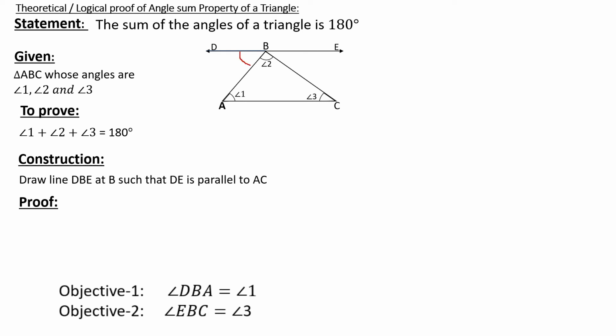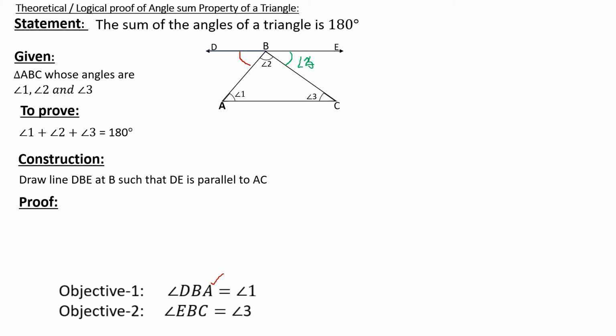The other angle is EBC. So this is E, this is B, this is C. I am drawing it here. EBC is the other angle. I am going to say this angle EBC is equal to angle 3. Sorry, angle 3, not angle 2.